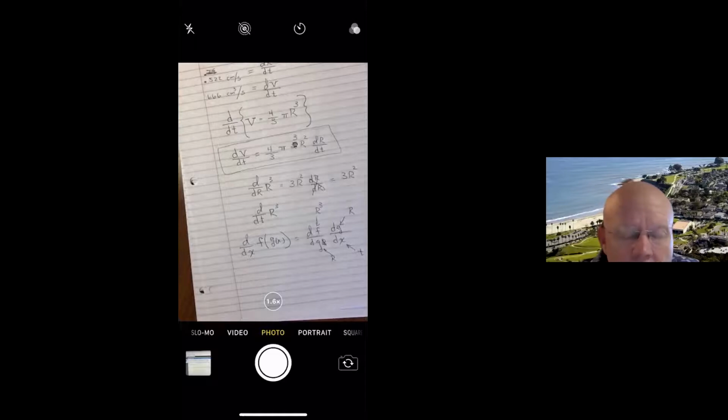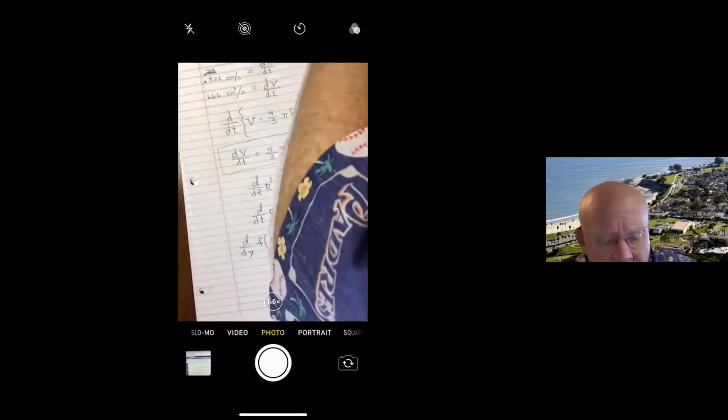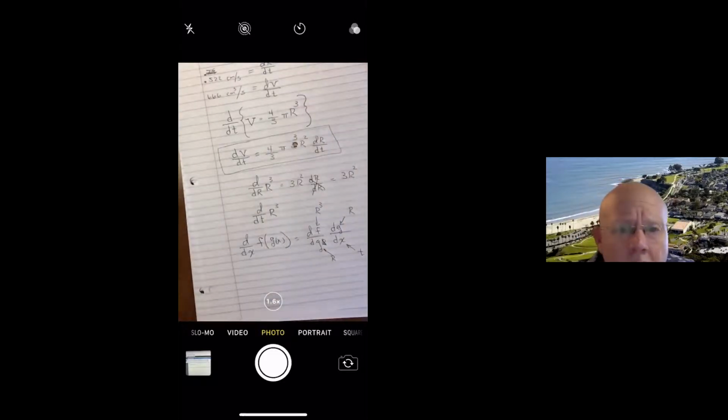You can either take a picture or you could do it in a PDF. It might be a little easier for you just to take a picture once you've done the work. But I know a lot of my students have this app that turns a picture into a PDF.